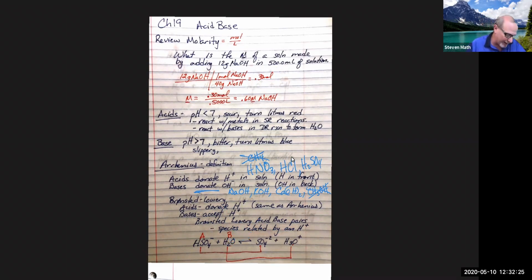So if we take HSO4 minus and we put that into water, we find out that we get a sulfate ion, SO4 2 minus, and an H3O plus. Now, what we need to find out is which of these things are very closely related. Look, H2O and H3O are very similar. And HSO4 minus and SO4 2 minus are also very similar.